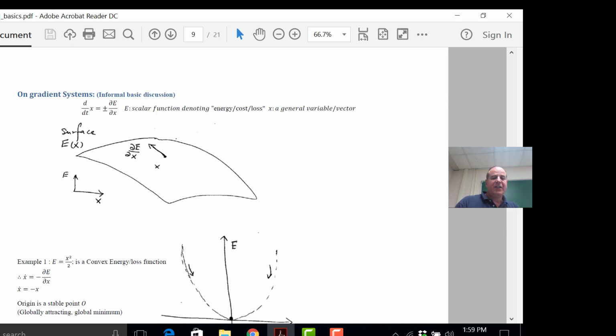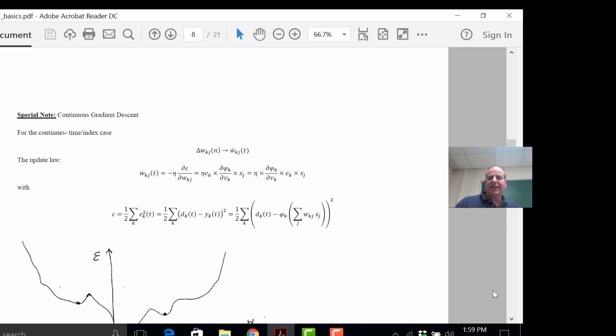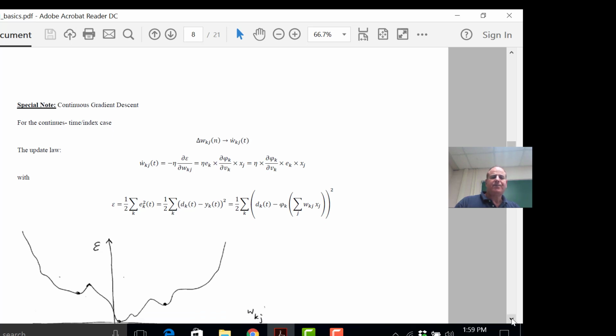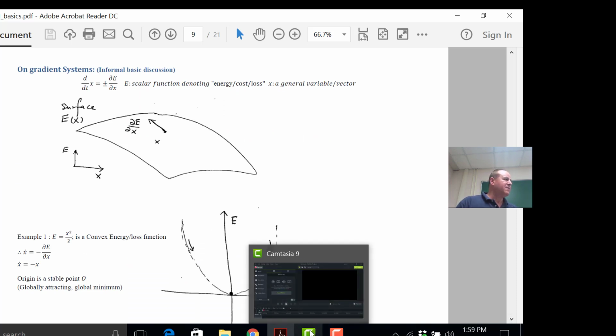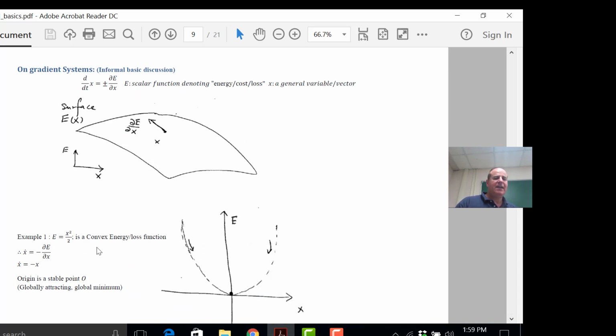To give you a flavor about gradient systems, let's take an arbitrary example. Say my variable x is a scalar, and I'm going to square it and take 1/2 of it, and this is going to be my cost function, a scalar function.